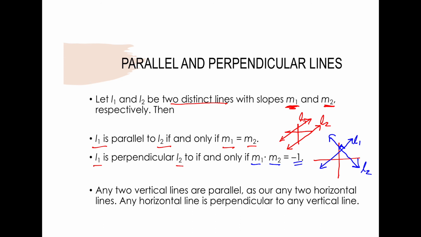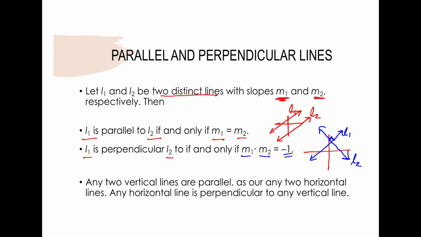Another way to show it, let's see, the slope of M2. So the slope of line 2 would be equal to the opposite reciprocal, so -1 over M1. So whatever the M1 is, we're going to flip it and then take the opposite sign of it.